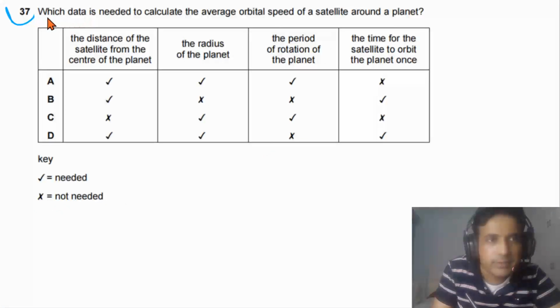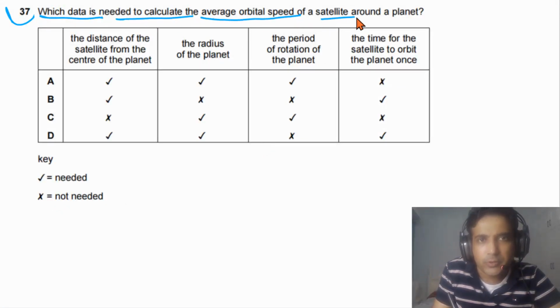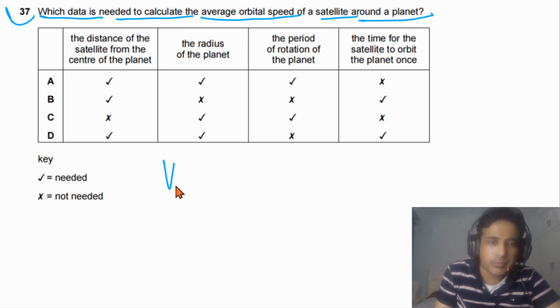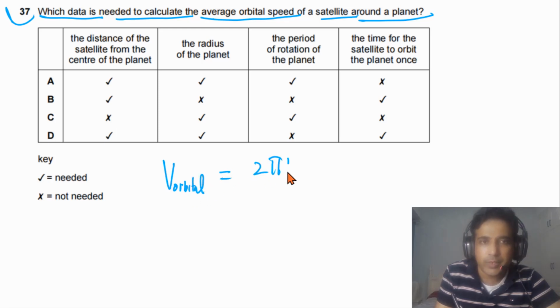Question 37 says, which data is needed to calculate the average orbital speed of a satellite around a planet? So orbital speed, V orbital, is equal to 2 pi r over d. In this case you need to understand what r is.